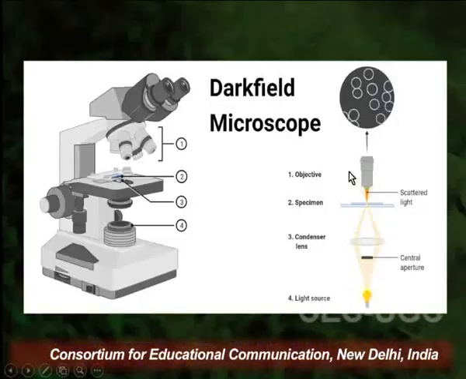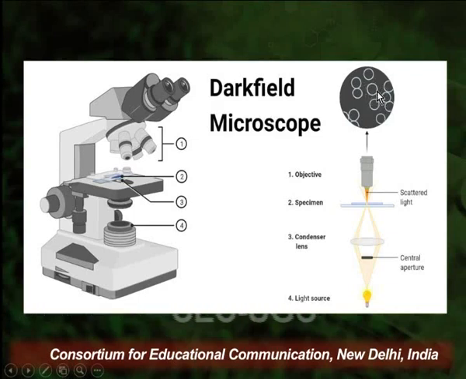Because of the interplay of these two components, one with the objective and the other with the condenser, the background is dark, and in this dark background the images illuminate with their borders.